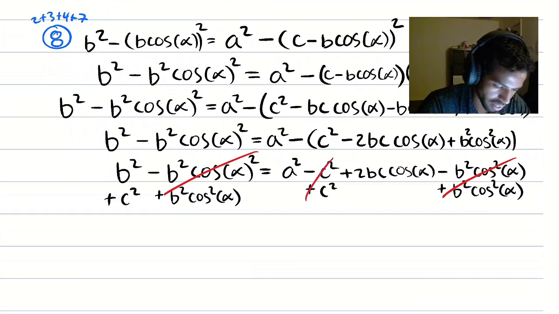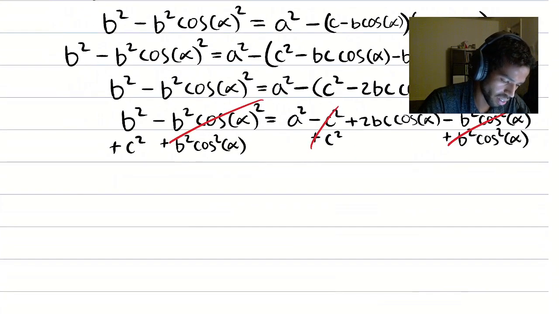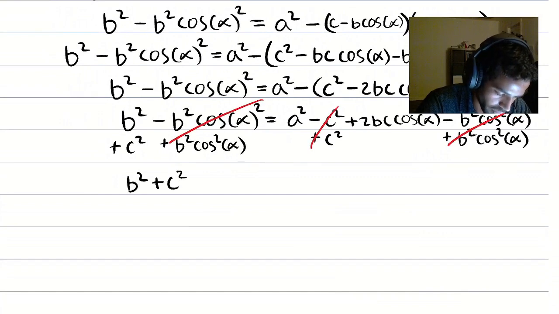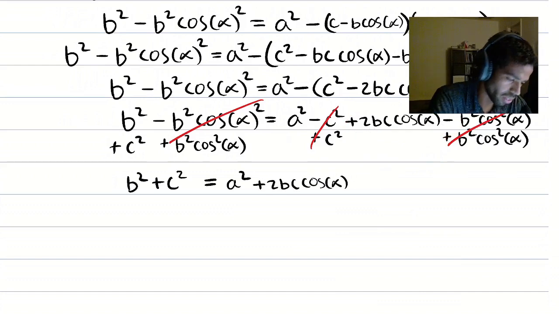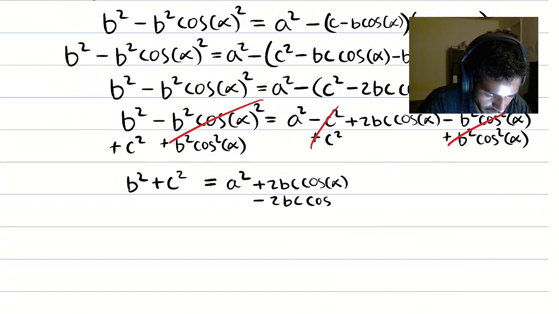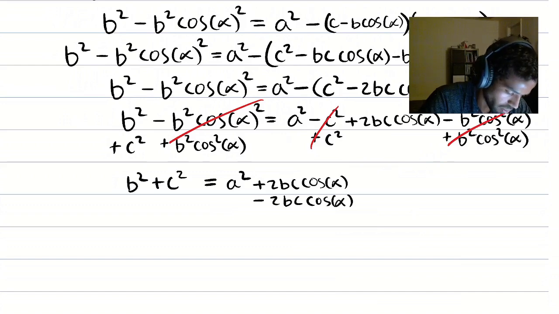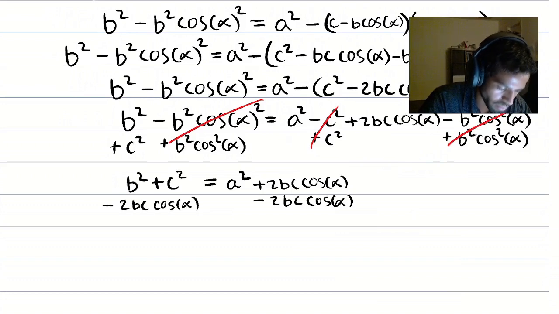And that cancels that out. So on the left side right now we have b squared plus c squared is equal to a squared. And then the only thing that's left is this plus 2bc cosine alpha. And then now we just subtract 2bc cosine of alpha. And then that cancels out.